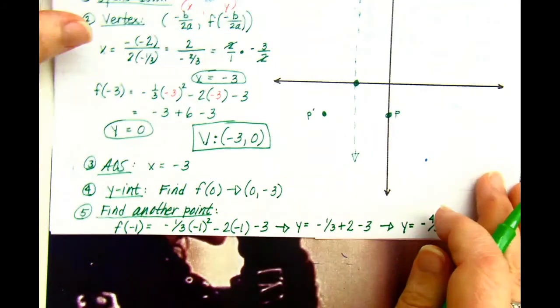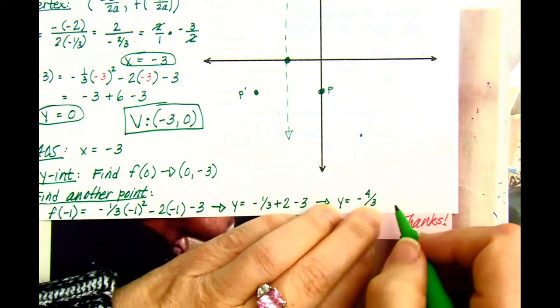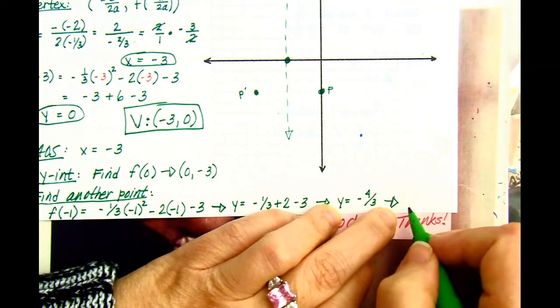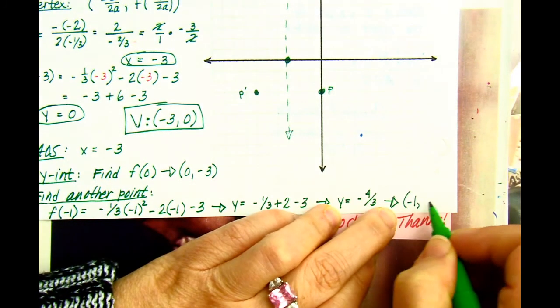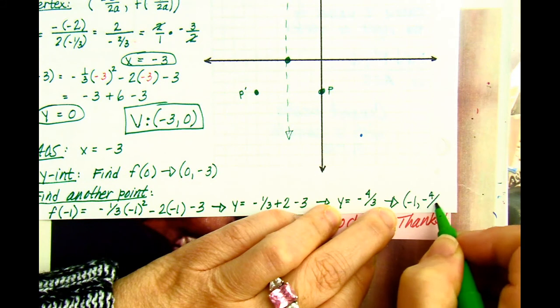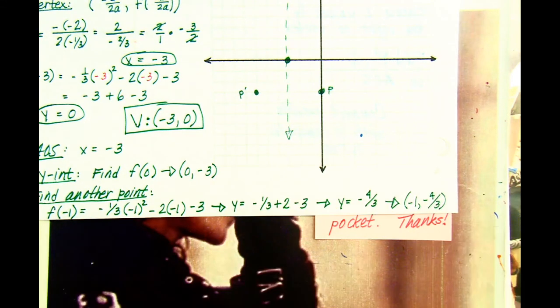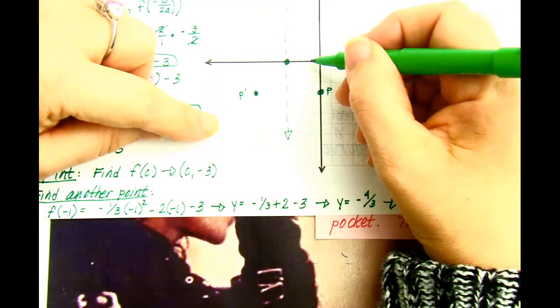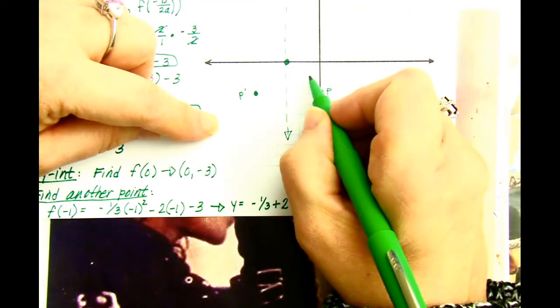So the ordered pair there is -1, x is -1, y is -4/3. All right, so I'm going to plot that. X is -1, y is -4/3, which is -1 1/3.